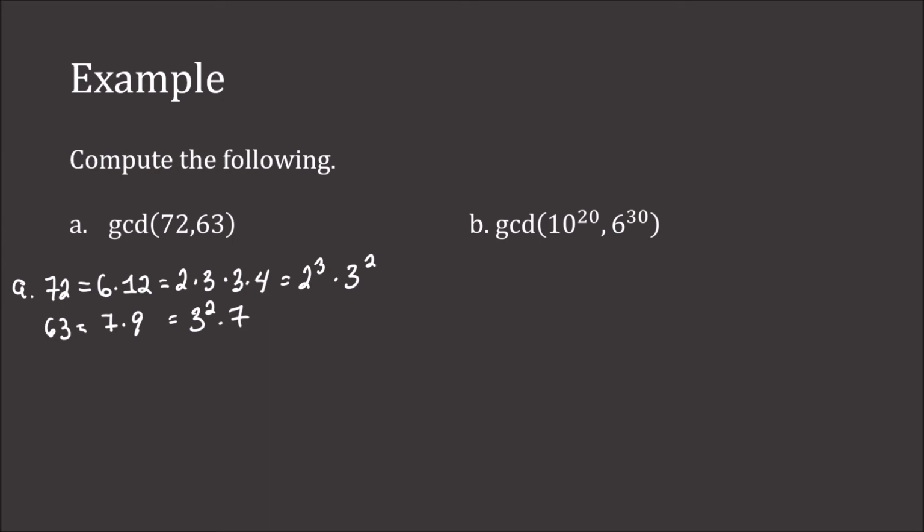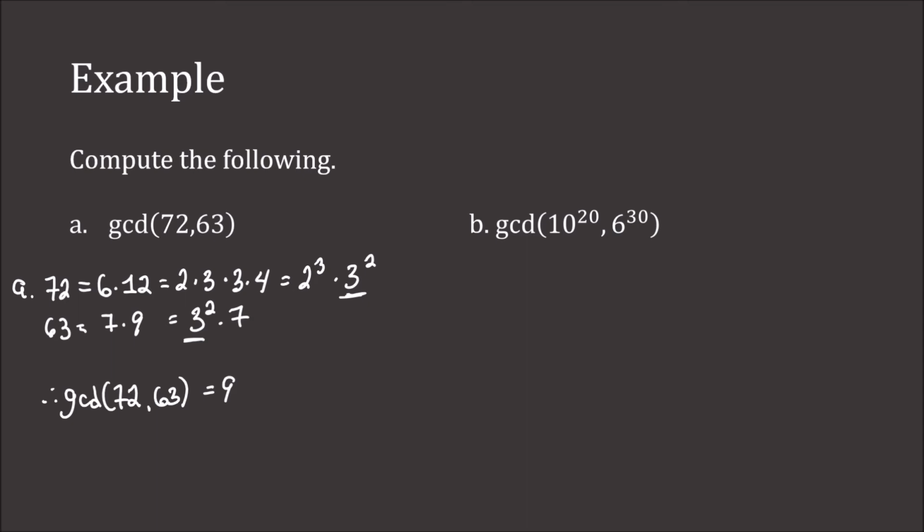So to determine the GCD, remember we want a common factor. Well, each term has 3 squared as a common factor. So the GCD would be 9. And there's no other common factor to both of these that is also larger than 9.